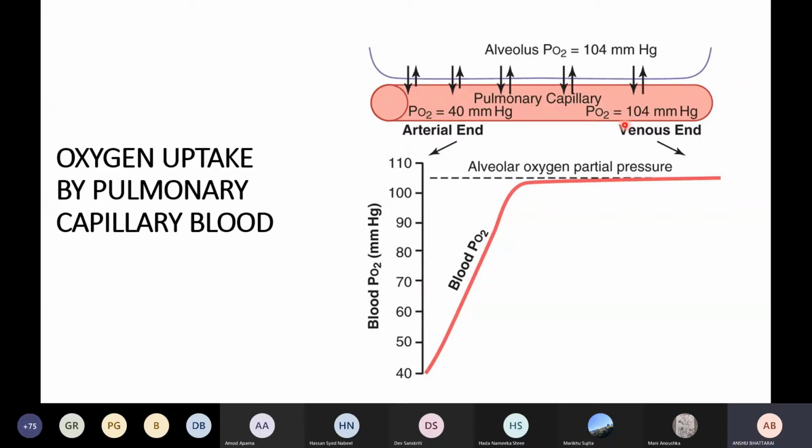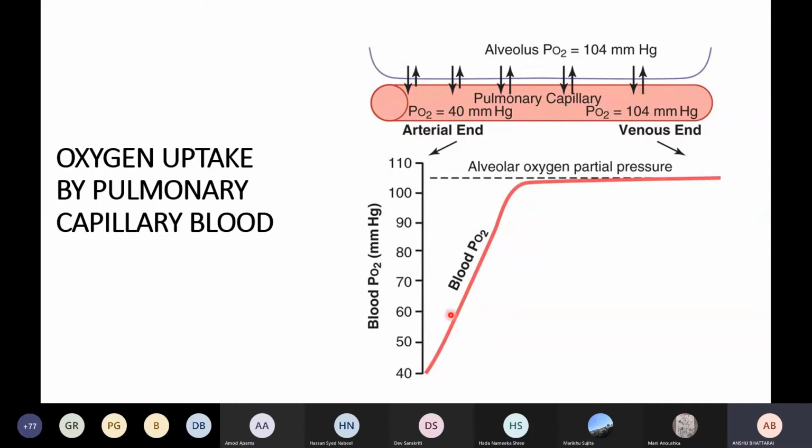Now the partial pressure of oxygen at the pulmonary venous end comes to be about 104 millimeter of mercury. Okay, all of you know that diffusion of oxygen is taking place along the pressure gradient, right? So you can see in this graph as well. Firstly, at the arterial end, the partial pressure of oxygen was 40 millimeter of mercury. Then it rapidly rose and became about 104 millimeter of mercury.